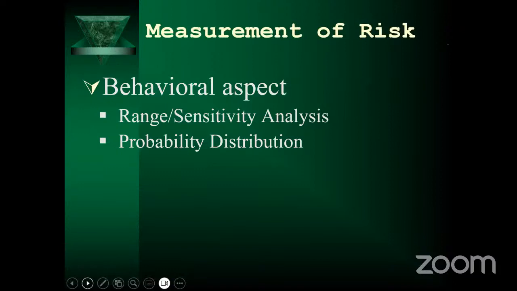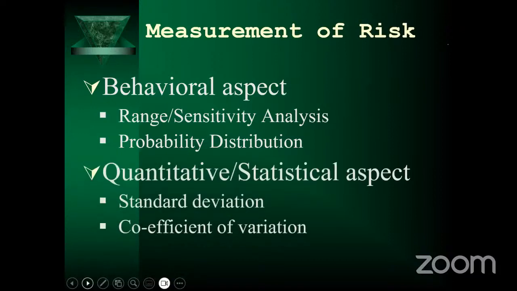So next one is the measurement of risk. We can measure the risk in two ways. One is the behavioral aspect, the second is the quantitative or statistical aspect. The behavioral aspect is otherwise known as the qualitative aspect. As we have already discussed, risk can be measured, but uncertainty cannot be measured.